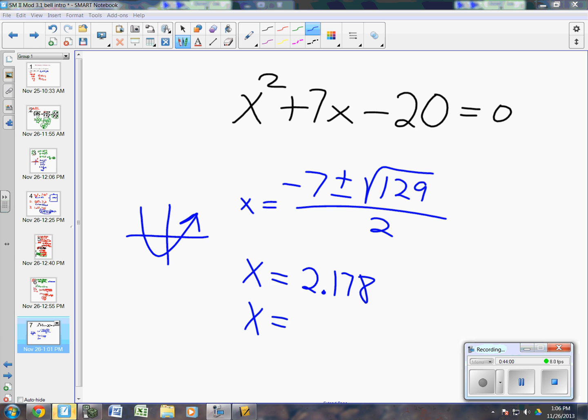A parabola crosses the x-axis sometimes in two spots. We're not finding the y. We know what y is already because we put 0 in for y. That's why the whole thing was equal to 0. Okay? What is the next one? So if we rounded it to 3 decimals, negative 9.179, does everybody agree with that? Yep. Is that what we got?